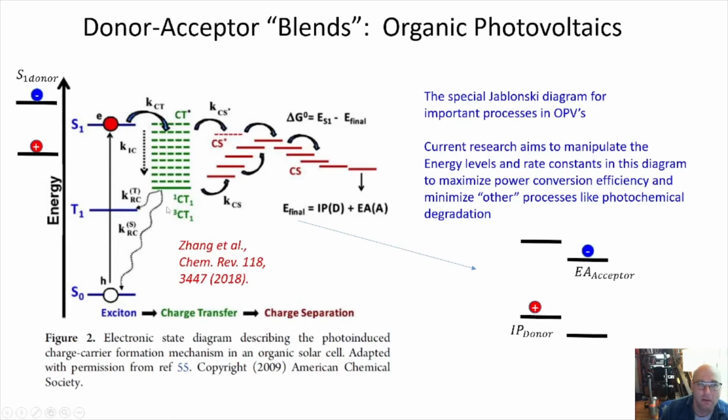And another point that I want to make about the Jablonski diagram is each of these lines is really a whole set of orbital lines. So in a Jablonski diagram, remember, it's using one energy level to represent a full set of orbital energetics associated with a full excited state.